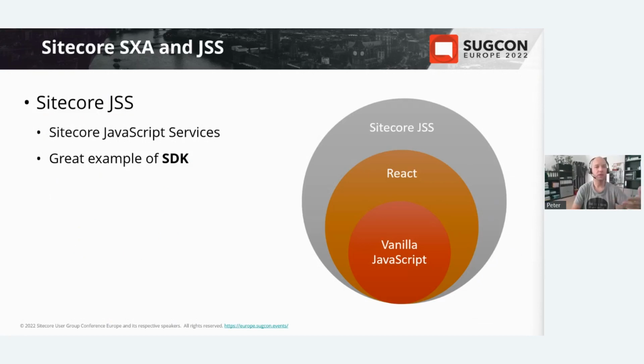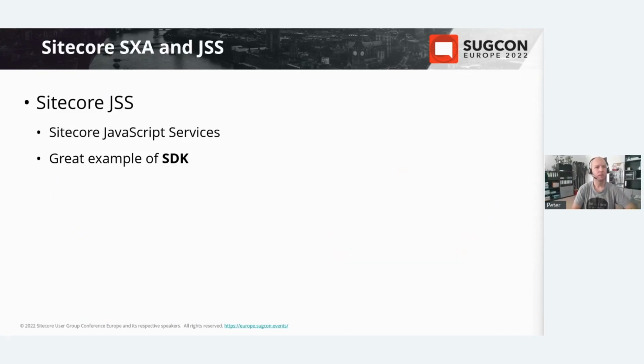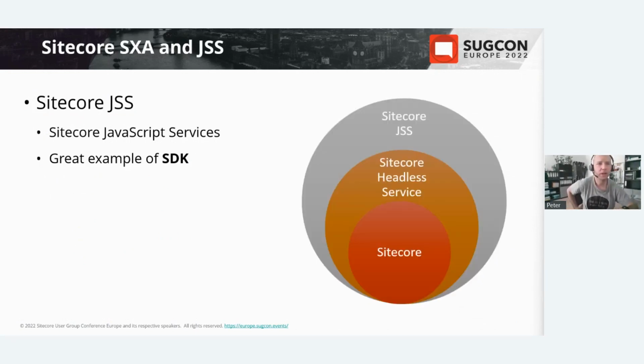It will more or less enable you to create solutions that can really easily read data from Sitecore. We are on a thin line with this, whether it is still an SDK or a framework, because to run Sitecore JSS, you need to have the headless services installed, which is again some kind of framework of its own, right? If you think about it this way.